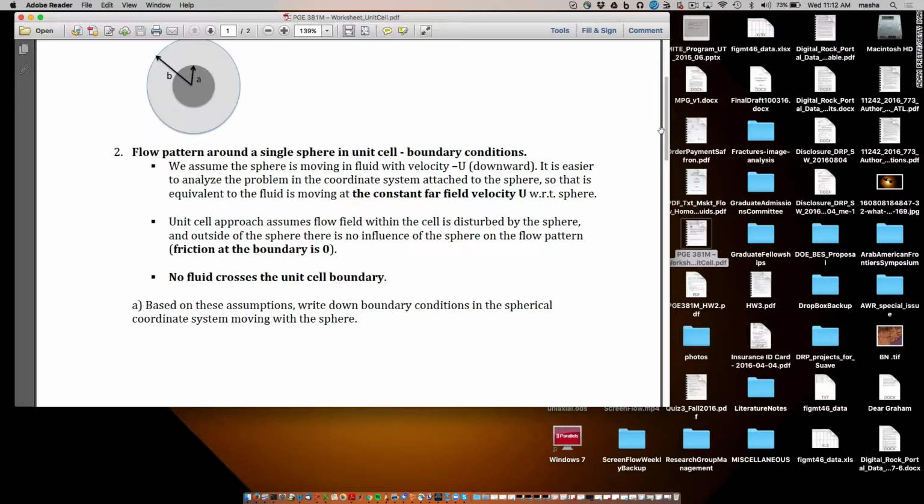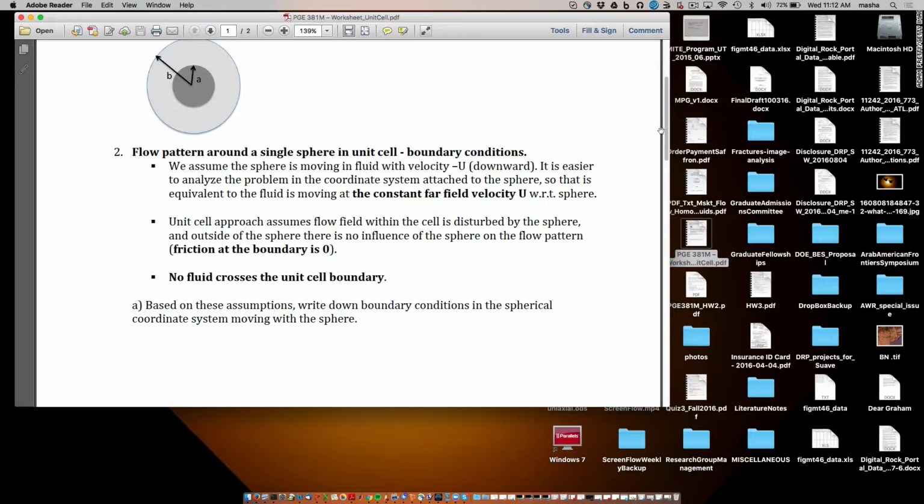If I'm in this system that is moving with the sphere, the system is moving with a constant velocity. Normally we would say my viscous fluid is sticking to the sphere and its velocity is 0. In this moving coordinate system, it's not 0, it's moving with that velocity.